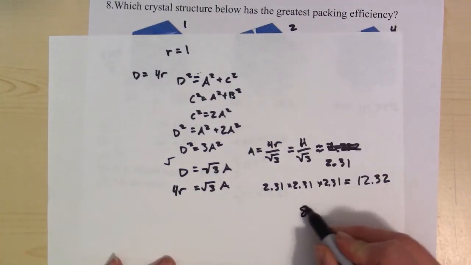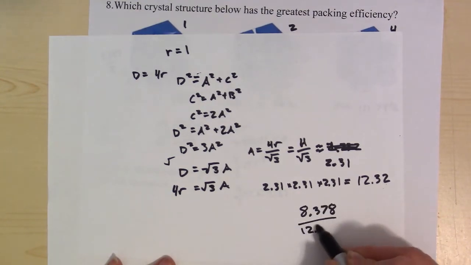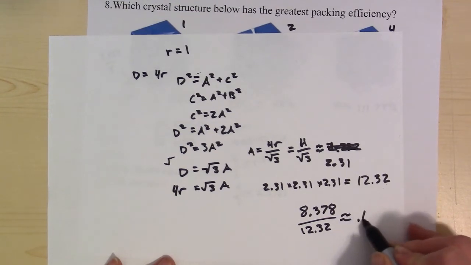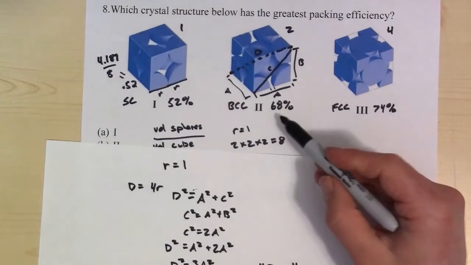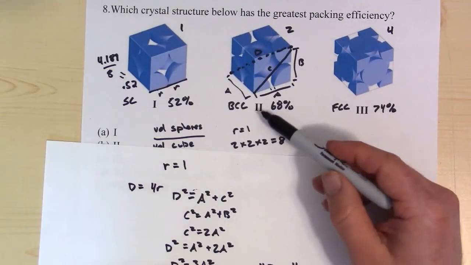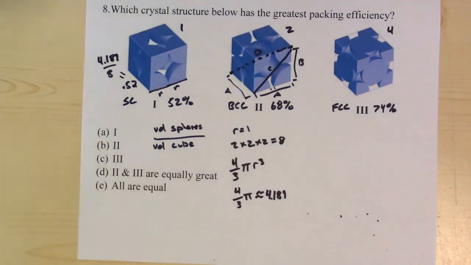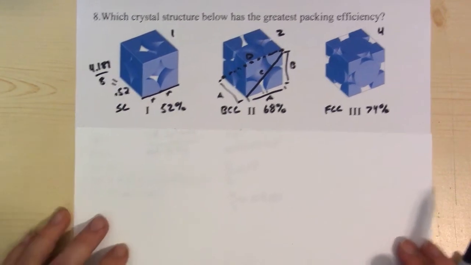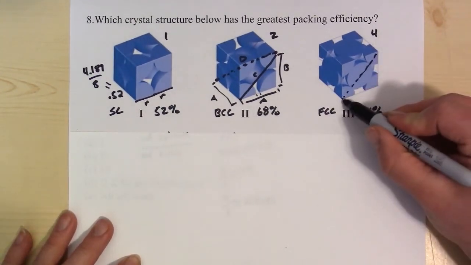So that is going to be 8.378 divided by 12.32, and that's going to be approximately equal to 0.68, or 68% packing efficiency for the body-centered cubic.